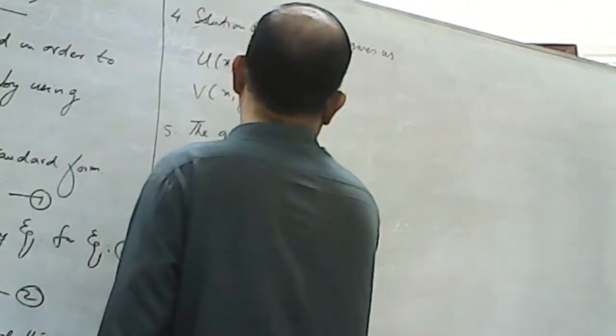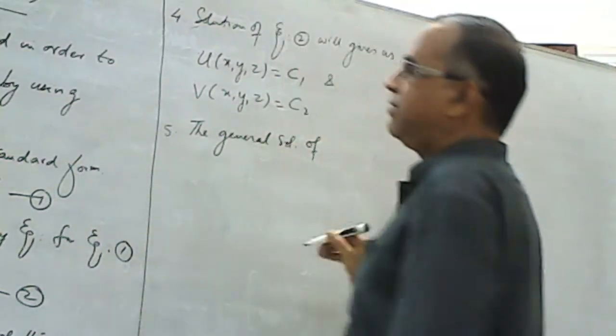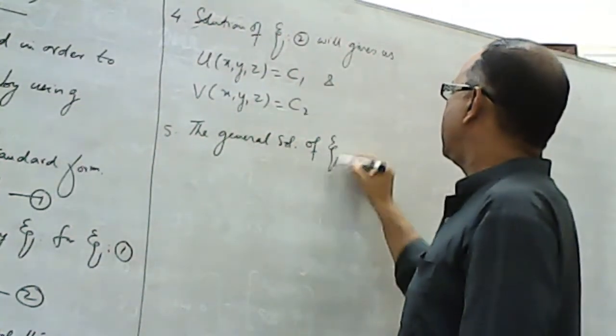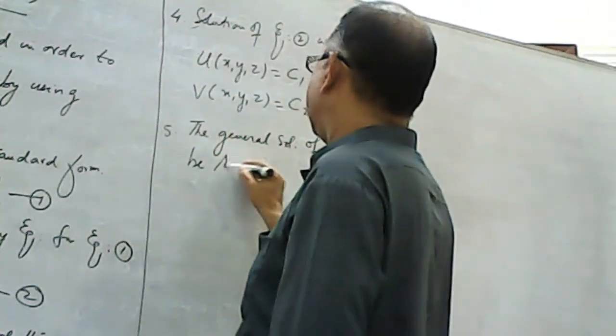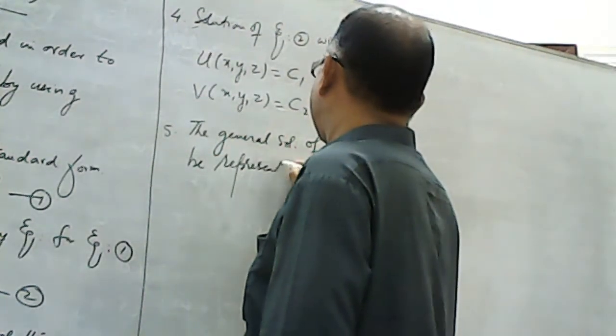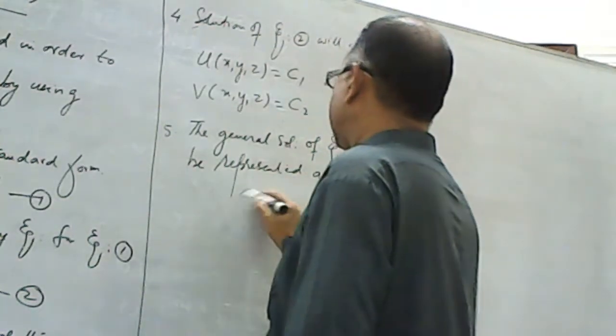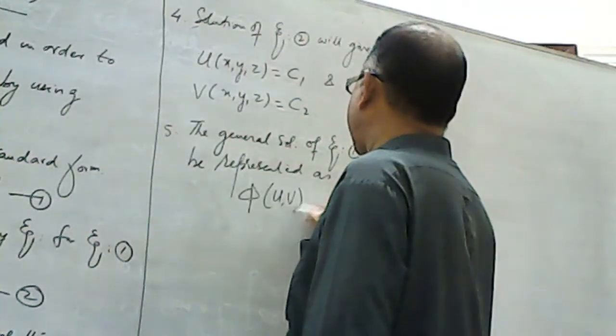the general solution of equation 1 will be represented as phi of u v equal to 0.